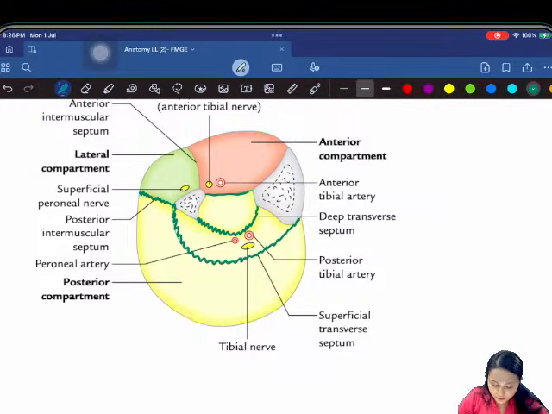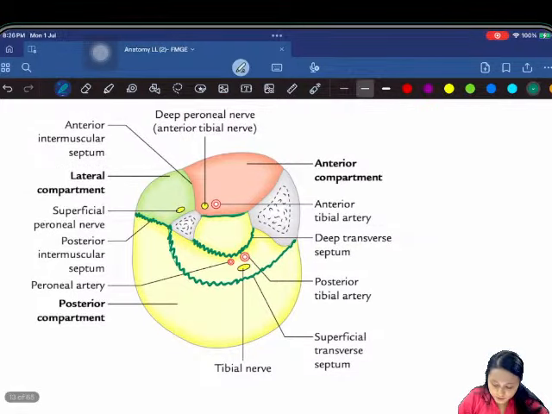Now the part which is lying anteriorly, mostly this part, is the anterior compartment of the leg, and the anterior compartment is the extensor compartment.